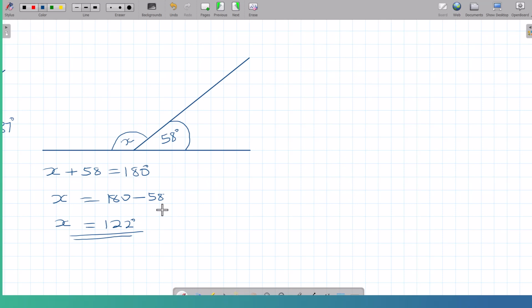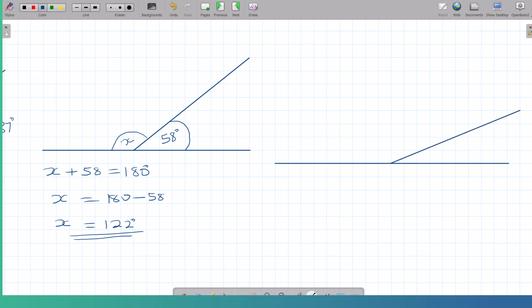One more example. Check this out. The teacher, again, you can draw the line like this from here. Now this is a straight line, you can see that. And then they put one of the angles like this from here, somewhere here, a very small angle.